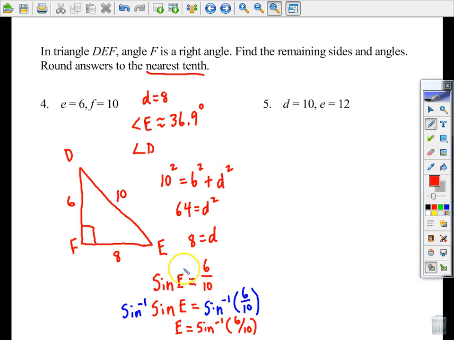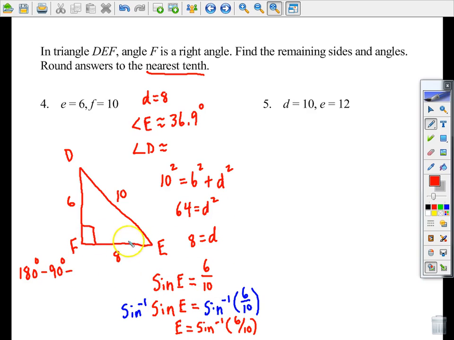Finding angle D is going to be pretty easy then, because I can just use my rule that the sum of the angles of a triangle totals 180 degrees. Let's start at 180 and subtract the angles we know.